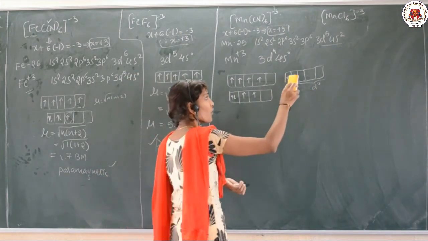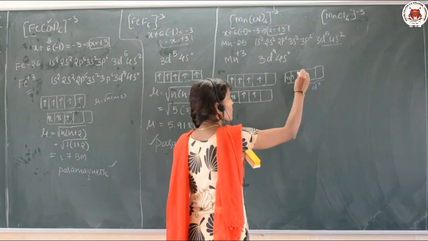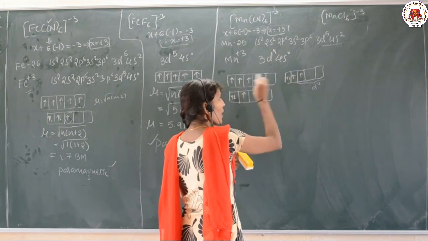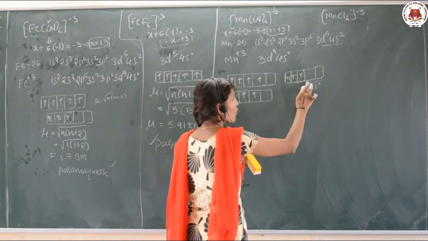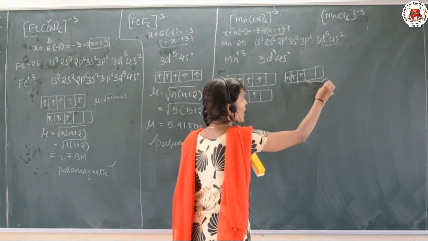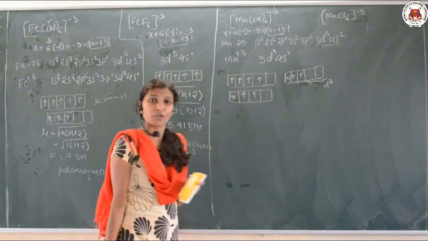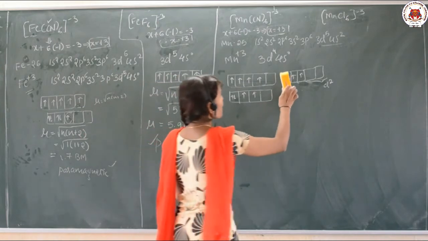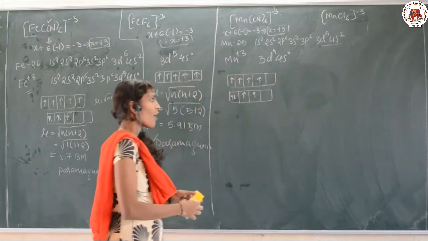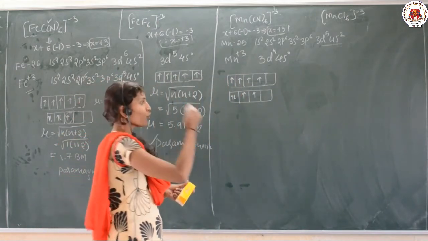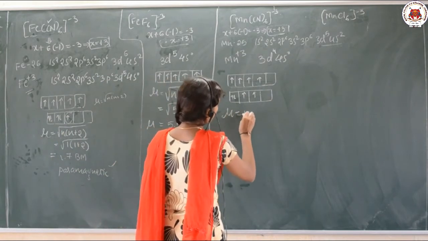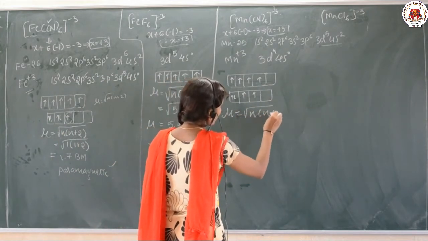So only 1 electron pairs up like this, and the other 2 will remain as they are. So now how many orbitals are available? d2 are available for the hybridization. How many unpaired electrons remain? 2 unpaired. Now you can calculate mu is equal to square root of n into n plus 2.